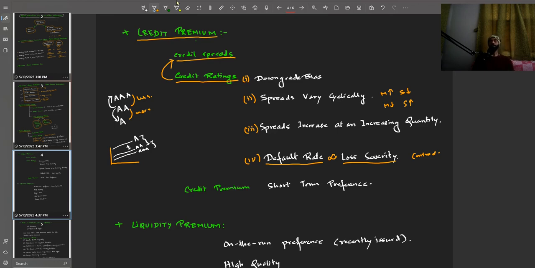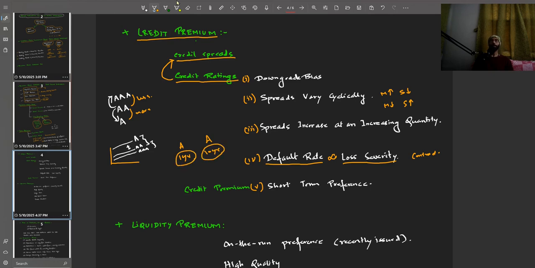And the fifth feature is short-term preference. So premiums are much less for shorter term bonds. So let's say if it's a single A rated bond and it's a 1 year bond, this will have much less credit premium than a single A rated bond with 10-year maturity, right?